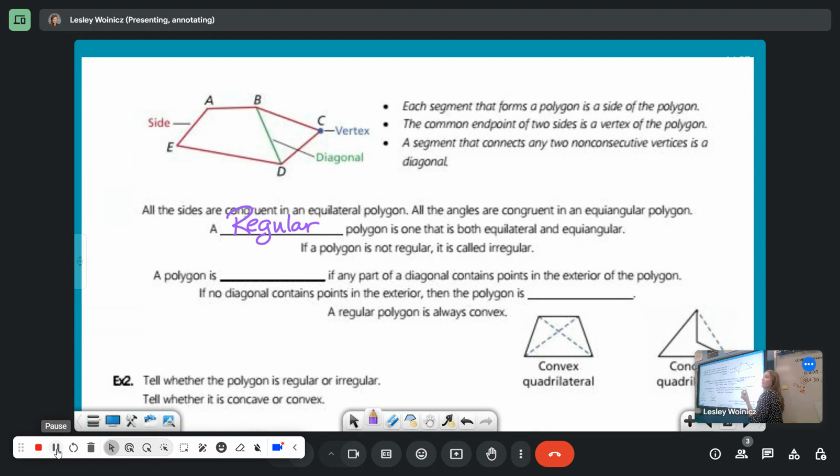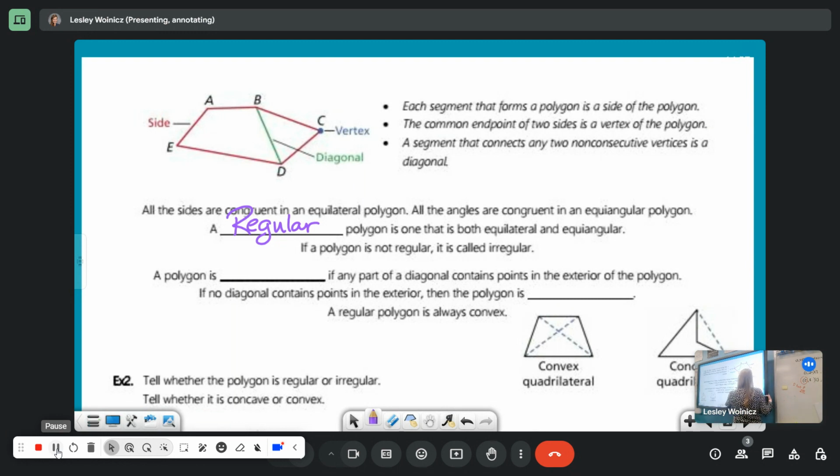When we dealt with triangles, we had some theorems that said if a triangle was equilateral, we knew it was equiangular and vice versa. Do you guys remember that? That's not true of all polygons. That's only true of triangles, because you can't have a concave triangle. Okay, more on that in a second.